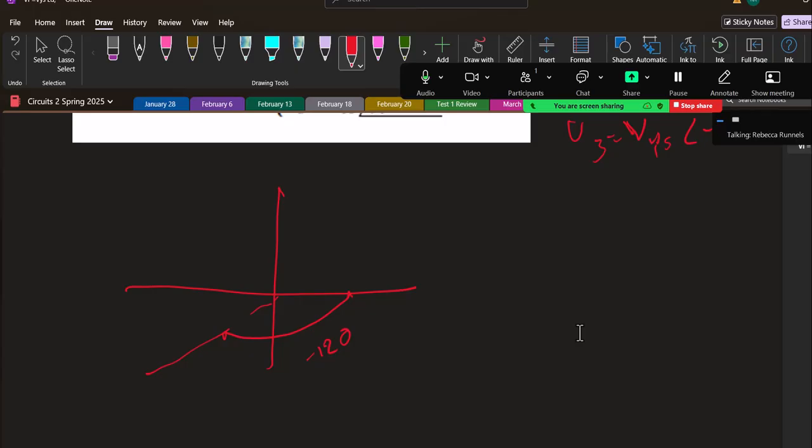Positive angles go counterclockwise. So that's subtracting 120. Adding 120 ends up here. Subtracting 240 ends up in the same place. So they're both positive sequence.